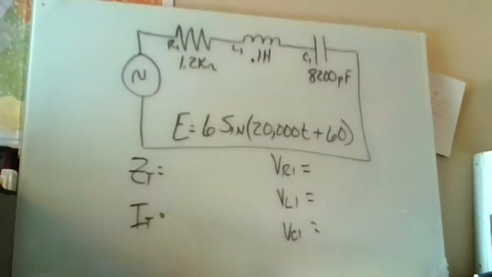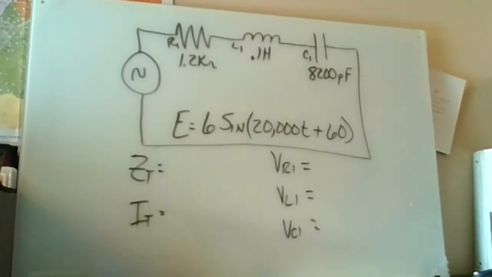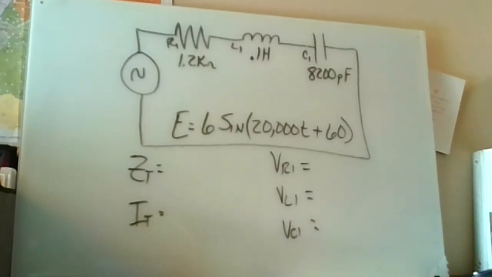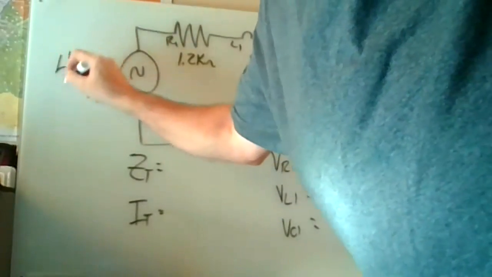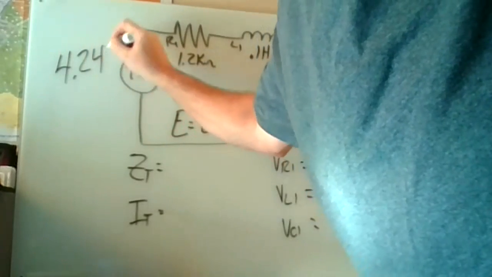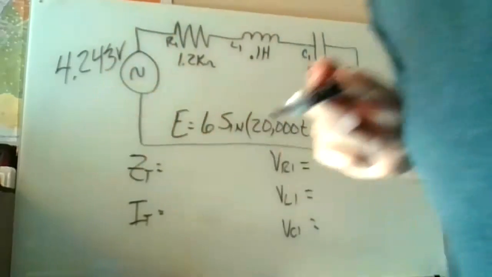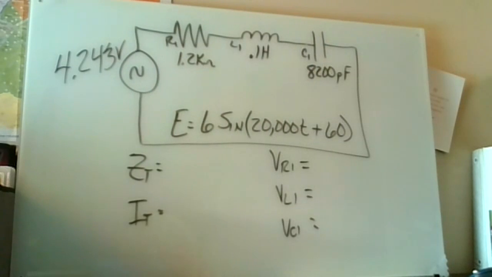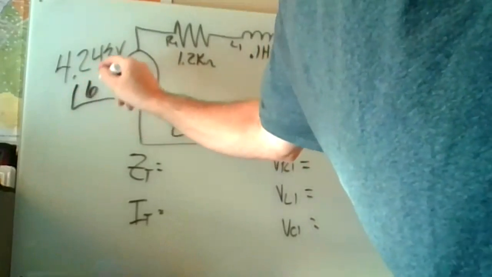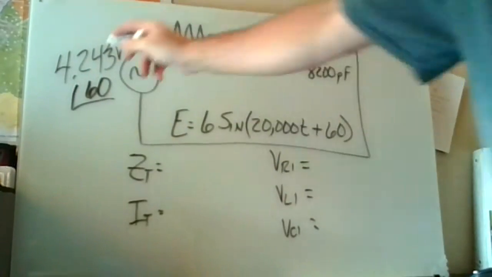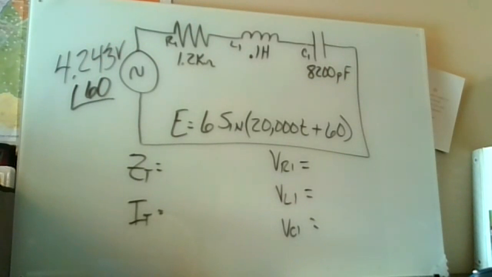So if I divide 6 by the square root of 2, what do I get? 4.243 volts. And what's my angle? 60. So now I have my phasor voltage and I can solve my circuit that way.